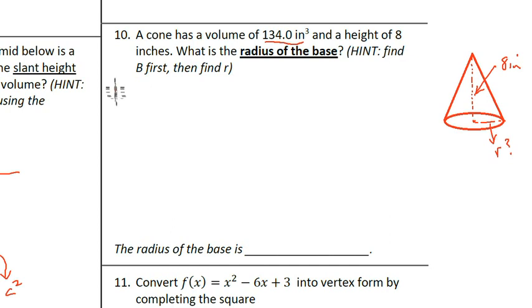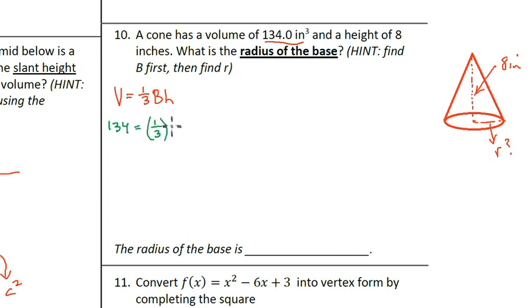So here's how we're going to use our formulas to save the day. The volume of a cone is 1/3 base area times height. Now look at this formula. How many variables do we know? We know volume, so I can plug that in. I'm going to put this 1/3 in parentheses.